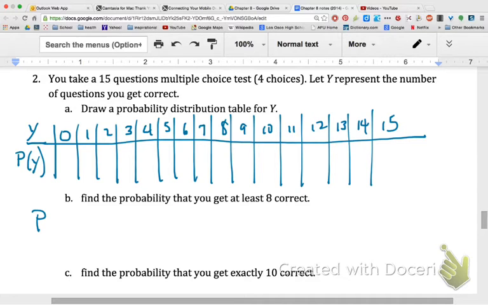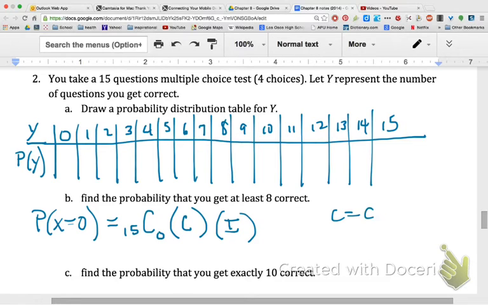So now I would actually like to have the calculator do each one of these, because remember, if I'm doing each one individually, I have to use combination notation. So this is what it would look like for 0, and then I'm going to say correct and incorrect. So C equals correct and I equals incorrect.